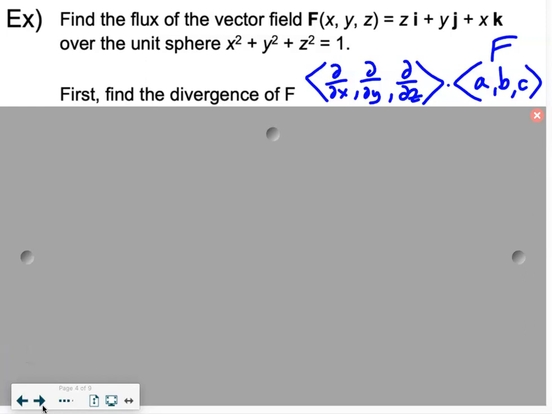Right, so you're doing partial x on the first component, partial y on the second component, partial z on the third, and adding them together. Yes, this is a dot product. Right, dot product, you add them. So cross product, you end with a vector. Dot product, you end with a scalar. It is one. Okay. Yep.